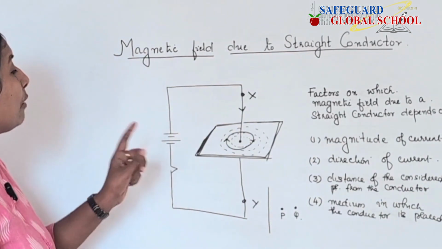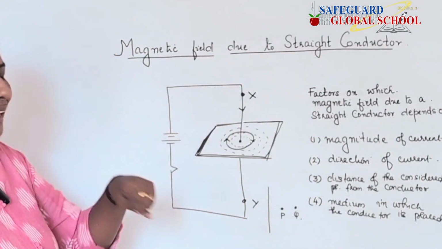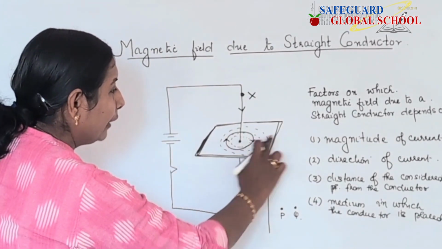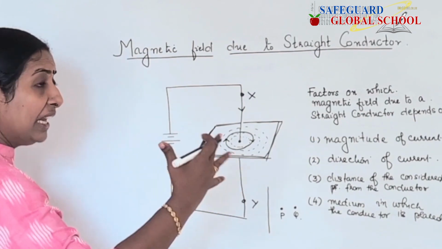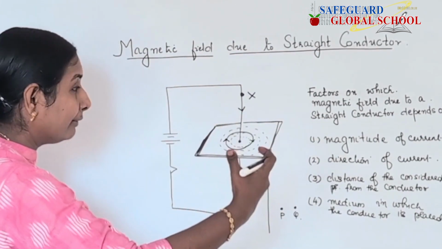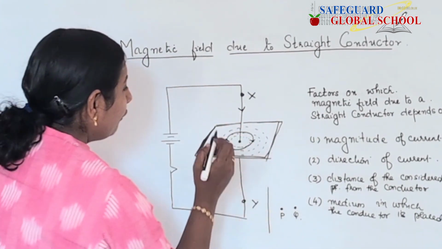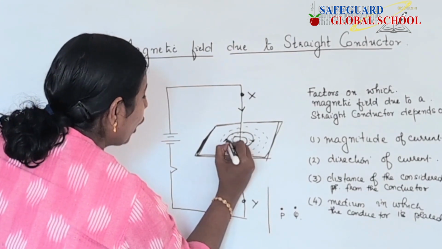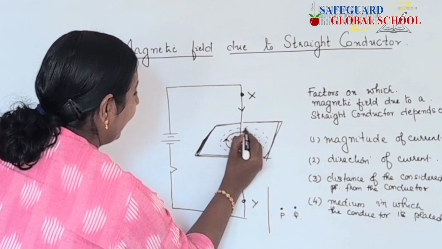Dear children, when someone asks you to draw these concentric circles, you have to note that when we go away from the conductor, the field strength decreases. So when you draw it, the inner circles must be closer to each other than the outer circles.